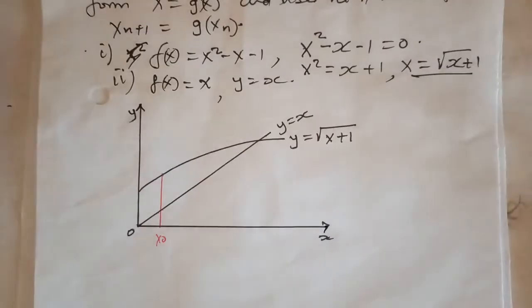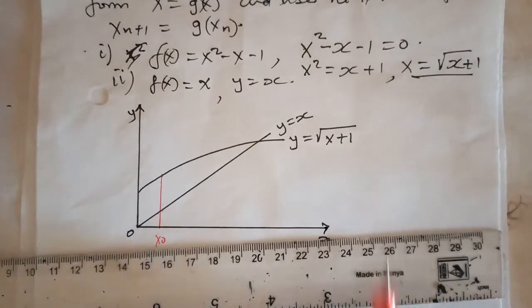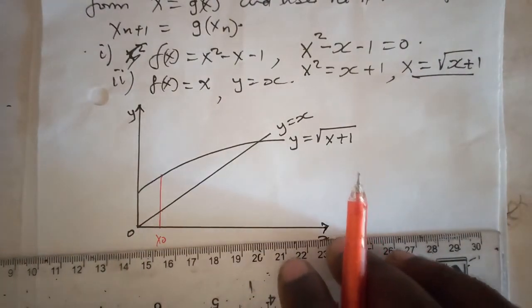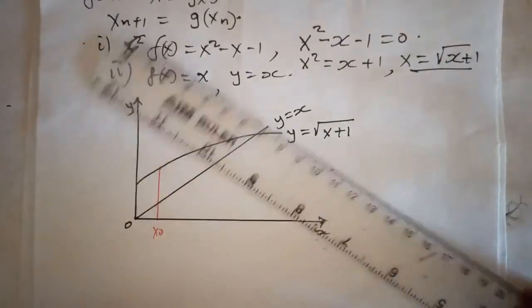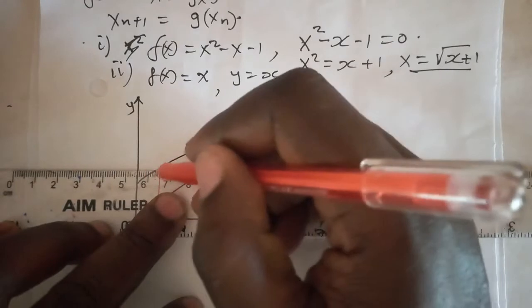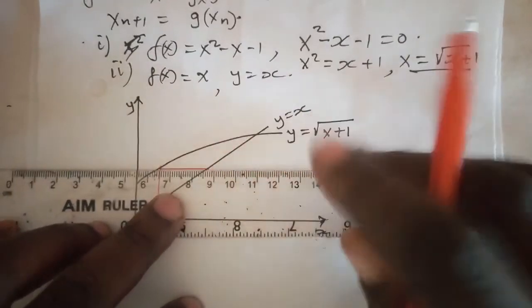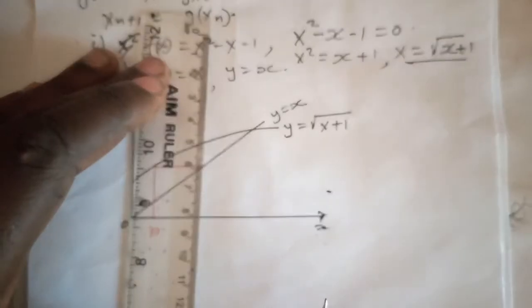So what you need to do is use that value of x to draw a straight line which is horizontal, and at that point we get another value, x1.